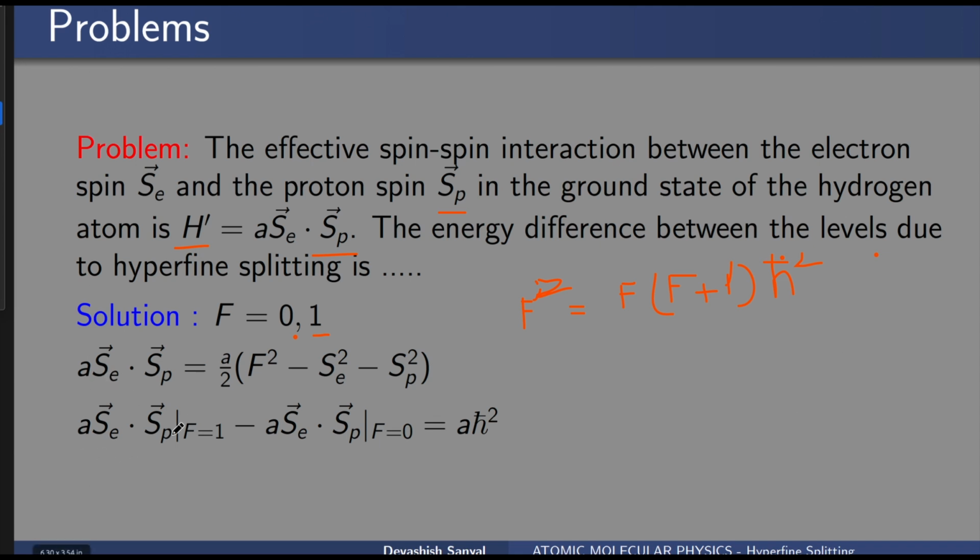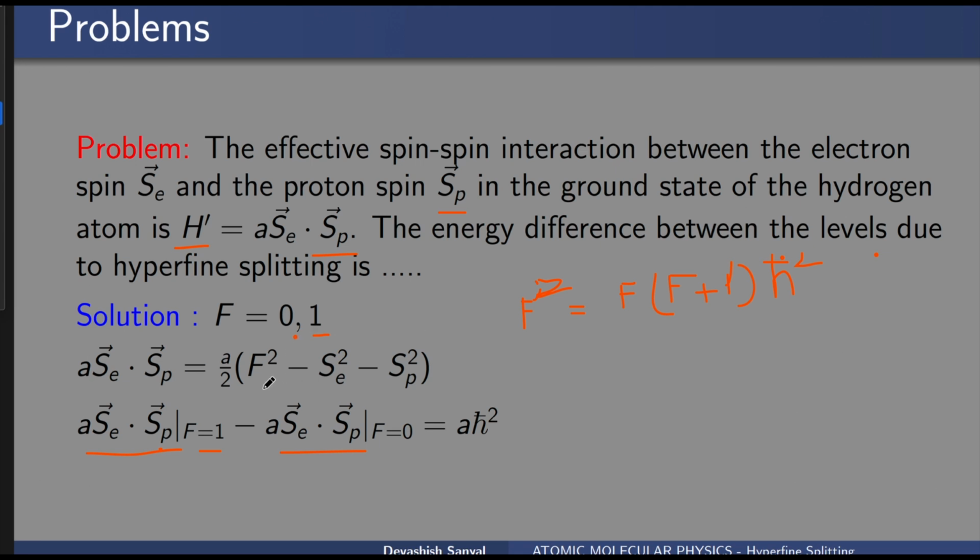So you have to evaluate this quantity at F is equal to 1, which we had already written before, and this quantity we have to evaluate at F is equal to 0, and subtract this from this, and we should get the answer. You can check the h bar square. So remember that F square is not actually 0 or 1.